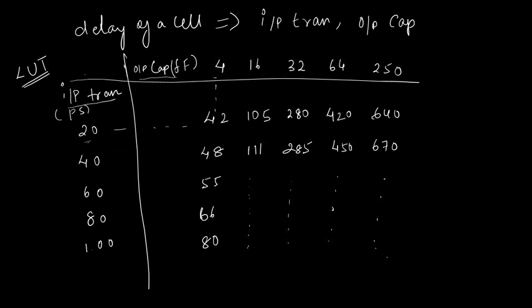So whenever in the design I get some value of max tran, let's say input tran is 60 PS and load is 32 femtofarad, I will directly go to the library and pick up the value that is there. Now, if the values of input tran and output load are not exactly matching the values given in the table, then we need to interpolate.